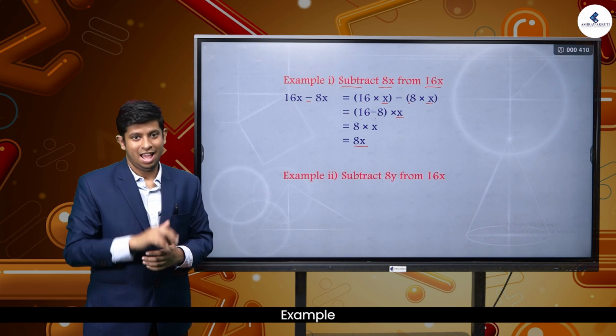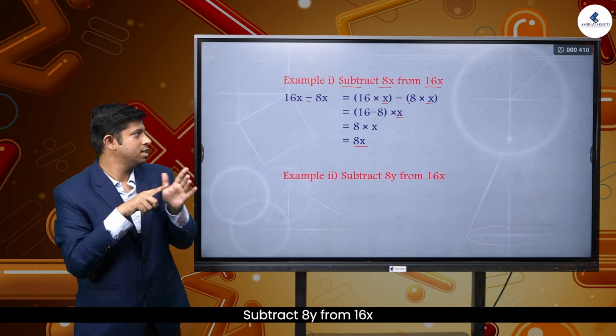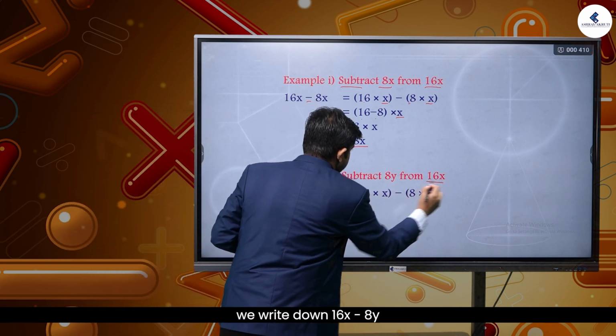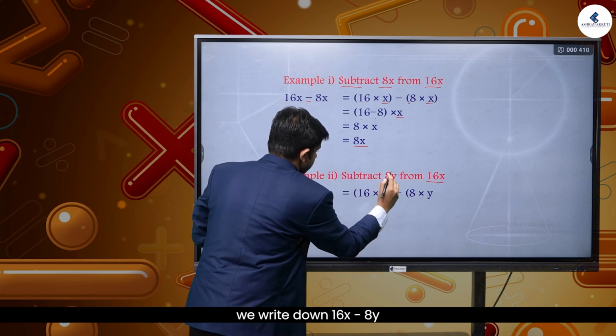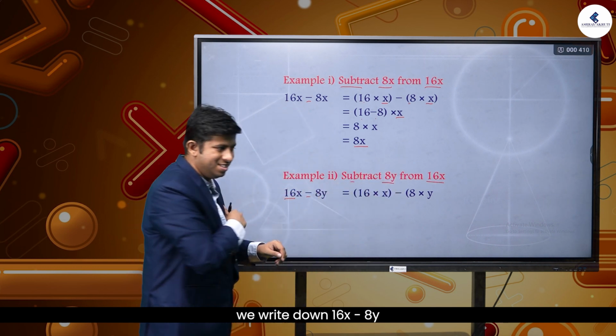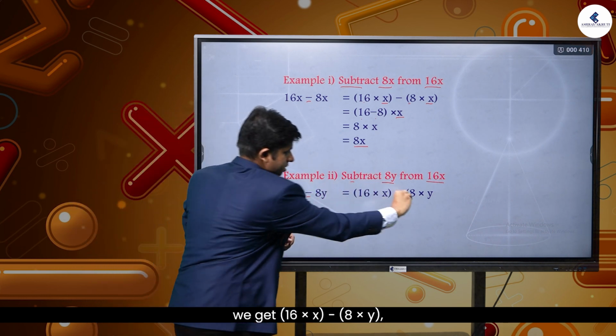Example: subtract 8y from 16x. We write down 16x minus 8y. After simplifying it, we get 16 into x minus 8 into y.